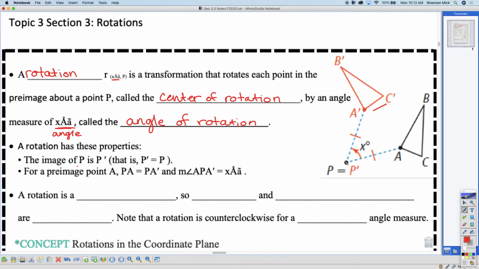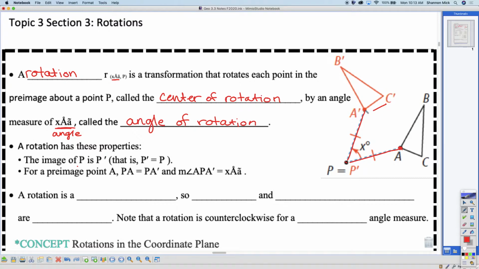For the pre-image, point A, so we're looking at point A right here on the pre-image. PA and PA prime are equal. So this line right here is equal to this line right here. Well, that would make sense if I'm rotating it, yes?